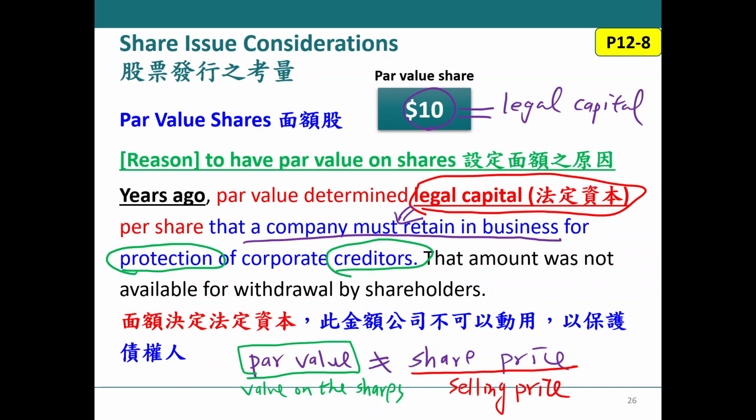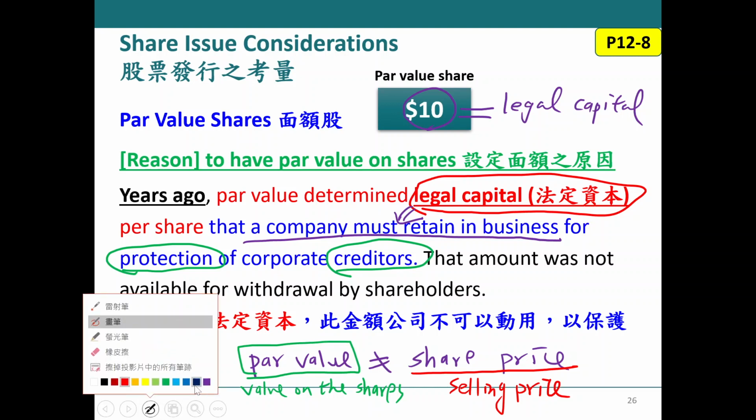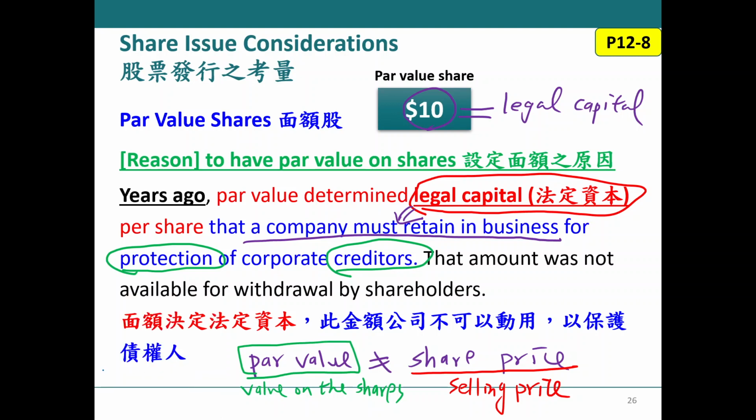Like TSMC, Apple, the companies in Taiwan, their par value is always the same, $10. But company A, for example, may have a share price of $20. Company B may have a share price of $500.